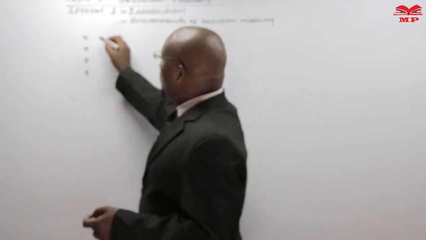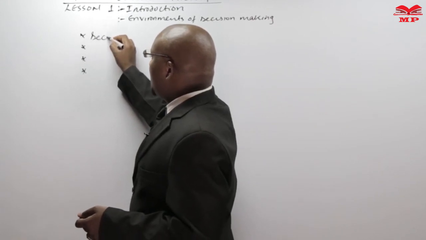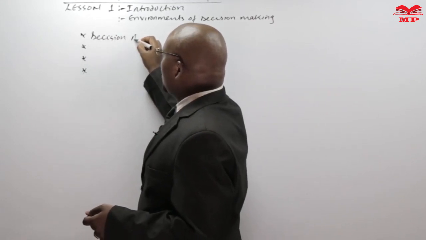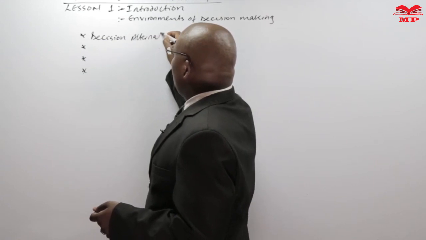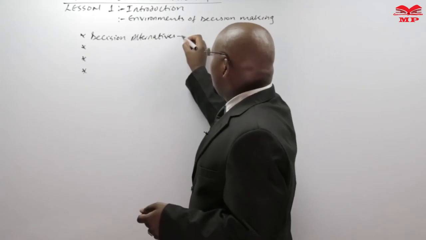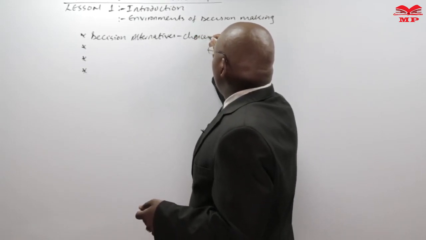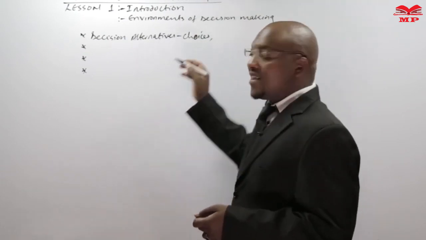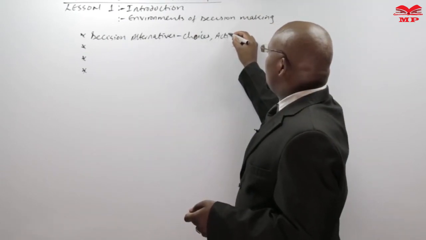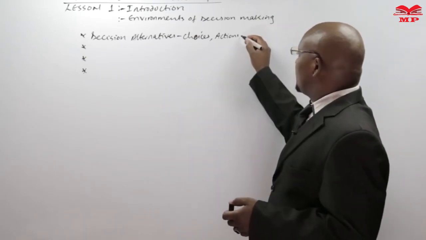Now, in the process of decision making, there are some items that we require to understand. For example, we require to understand the decision alternatives. These are the choices you have. These are the actions, or what we call the courses of action.